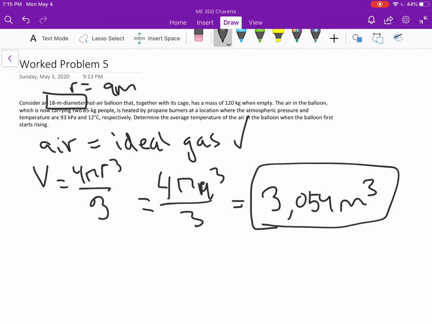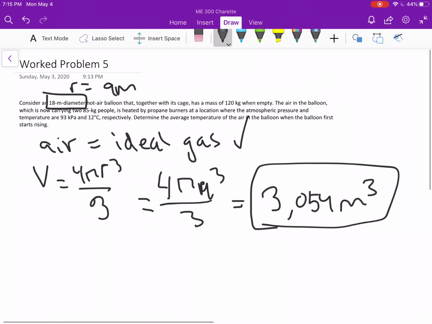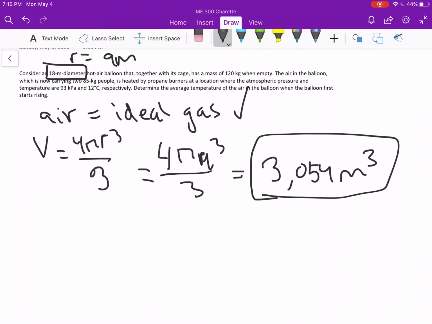Now, we're going to then move on and calculate the density of the cool air. We're going to calculate these different variables, and I'm going to put them together in an equation. And we're going to calculate the density of the cool air next.